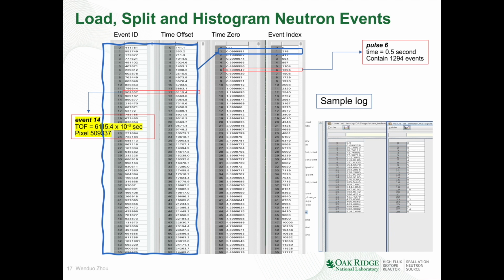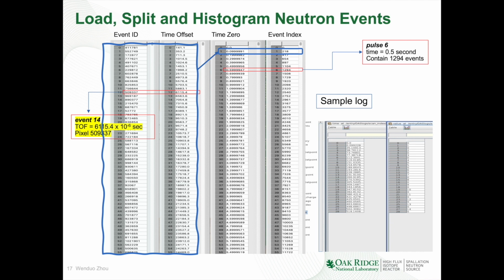The time 0 is the starting time of each pulse, and the event index is the number of events in the pulse. From the example, we can see that there is no event in pulse 0, and the first 718 events are in pulse 1.